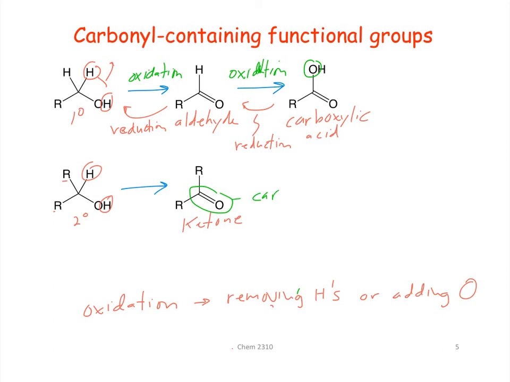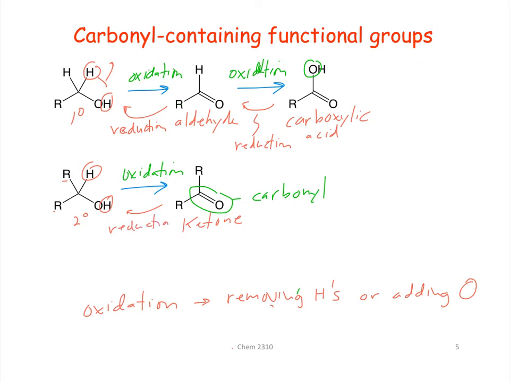Okay, so this part here is called the carbonyl. Right? The ketone has two carbons attached to the carbonyl. An aldehyde has a carbon and a hydrogen. All right, so these relationships are the same. This is oxidation. Going back the other way would be a reduction.